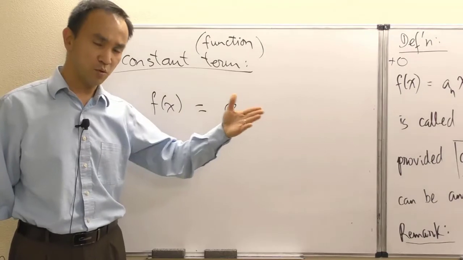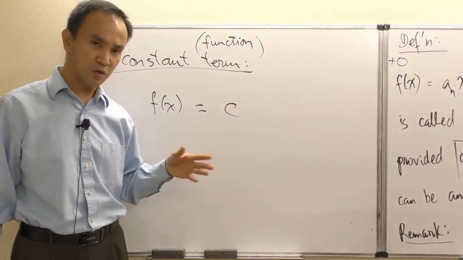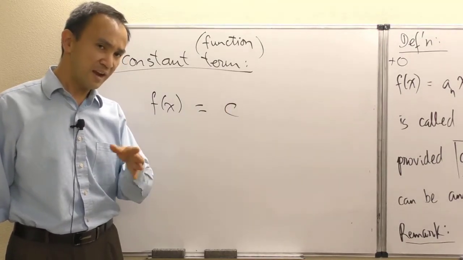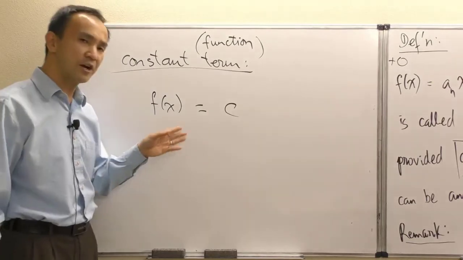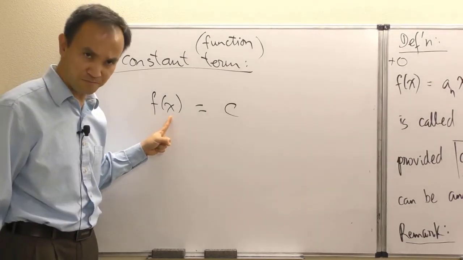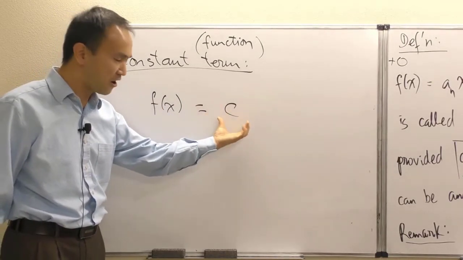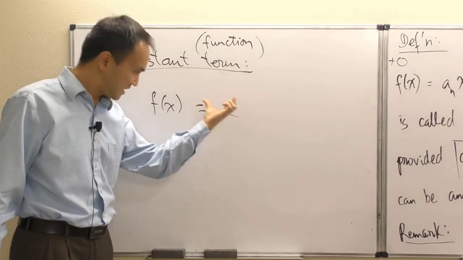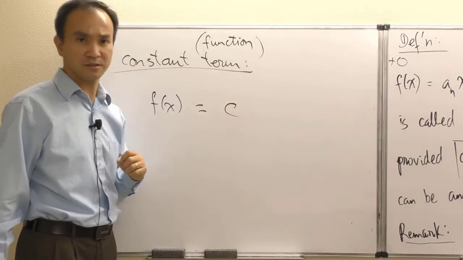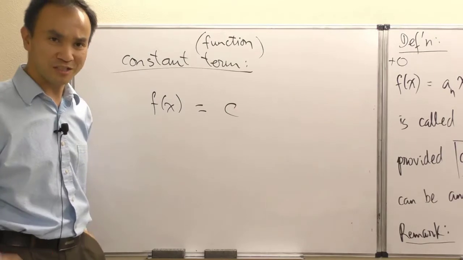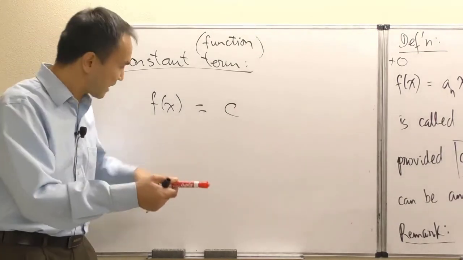F of x equals 10, f of x equals negative 5. So once we have a constant function defined, regardless of the input value, our function's output remains always that constant. That's why it's called constant, because the output constantly stays on that value.